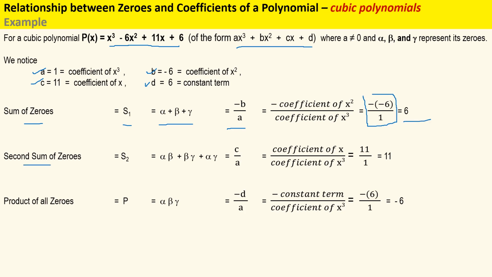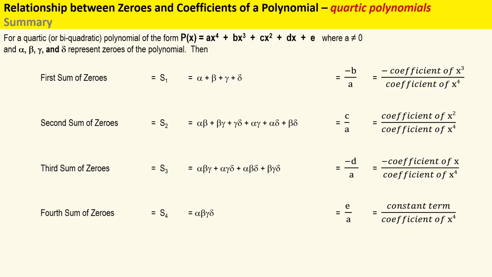Similarly, the second sum of zeros, S2, alpha beta plus beta gamma plus alpha gamma, is equal to c by a, which in our case is 11 by 1, that is 11. Similarly, the product of zeros alpha beta gamma is minus d by a, which is minus of 6 divided by 1 in our case, and hence it gives us minus 6.